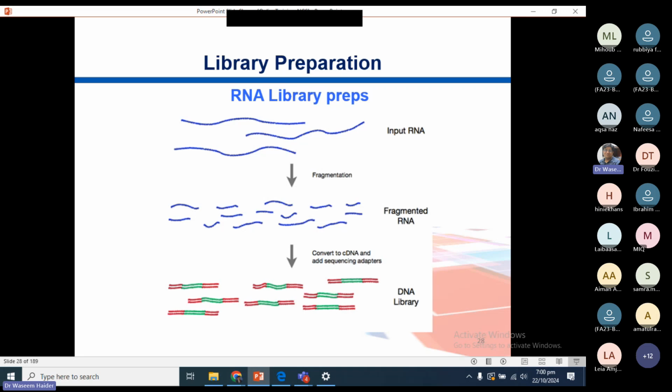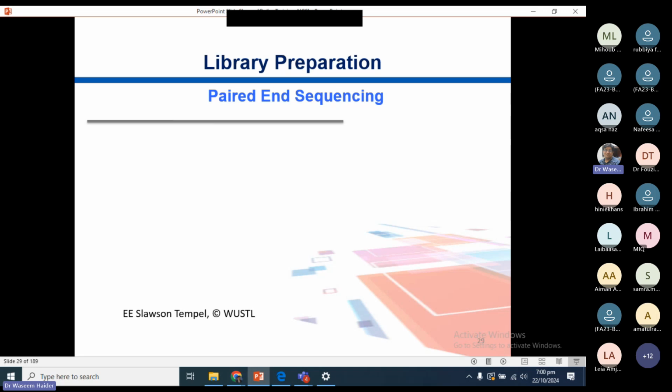Then the sequencing facility takes that RNA, converts it to cDNA, and makes that DNA library. The rest of the things are the same. Within the sequencer, everything is DNA. There is no RNA sequencing within those sequencers. It's DNA, either cDNA or direct DNA from the genomes.